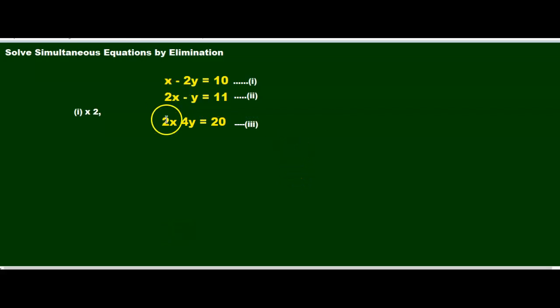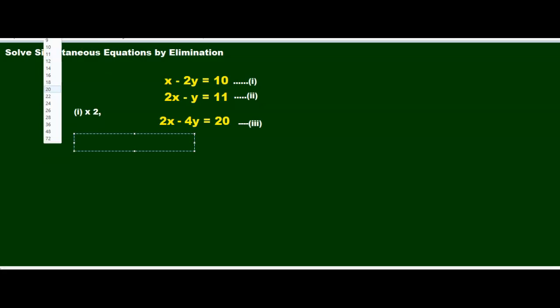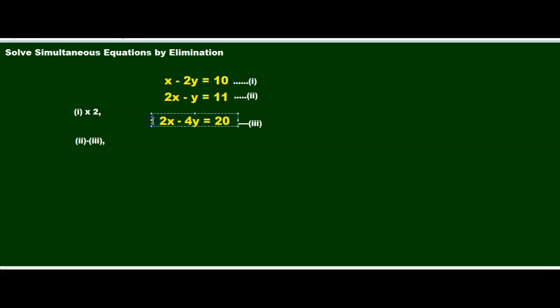Now we have 2x and 2x, so we can subtract equation 3 from equation 2. So I'm going to put equation 2 minus equation 3. Just to clarify, I'm going to put a little minus, and we're going to change the sign so this becomes a little plus, and that becomes a little minus.